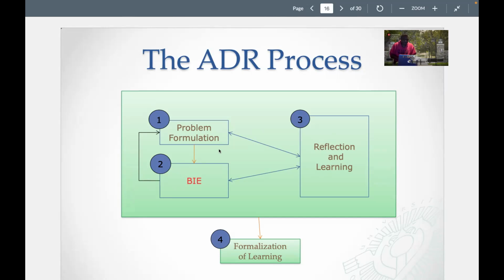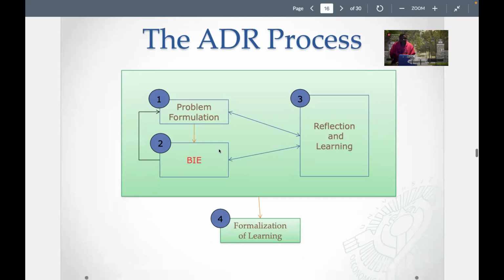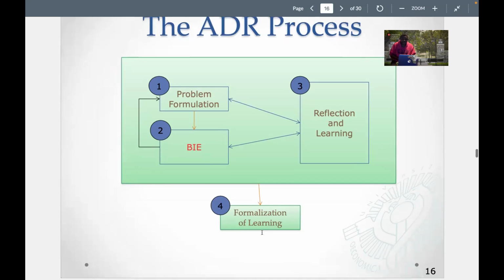Have this in your mind. Problem formulation within the organization, then building, and the intervention and evaluation within the organizational settings. Then you draw on learning, reflection and learning, and then formalization of learning. They are going to explain it.